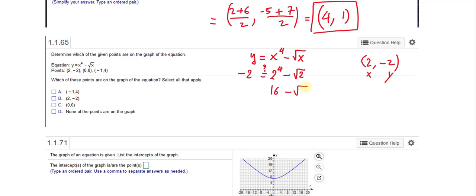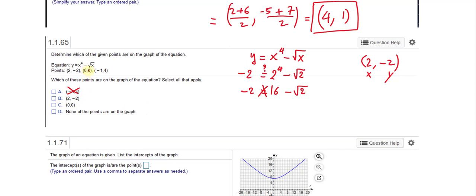The radical of 2 is around 1.41. So 16 minus 1.41 is 14 something, about 14.5. That is not equal to minus 2, so this point is not on the graph.